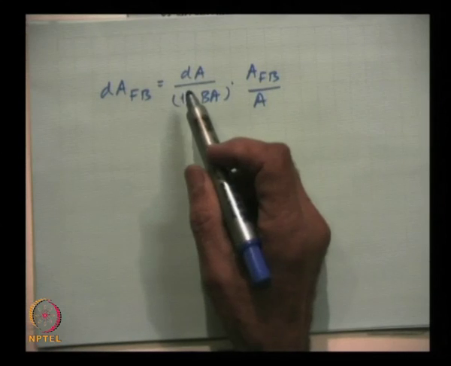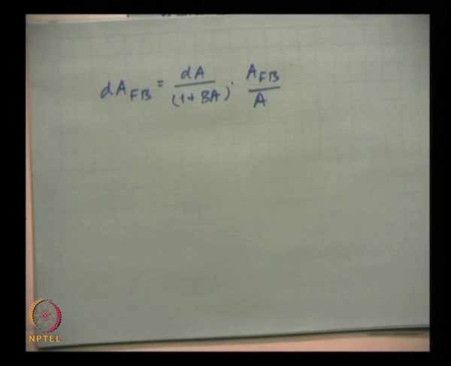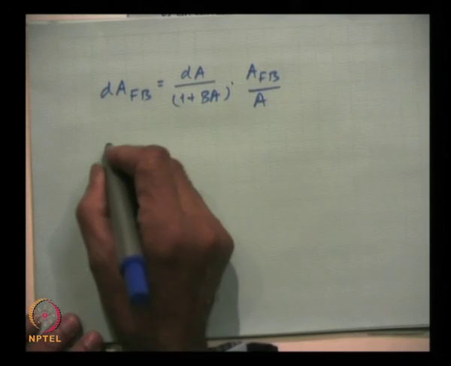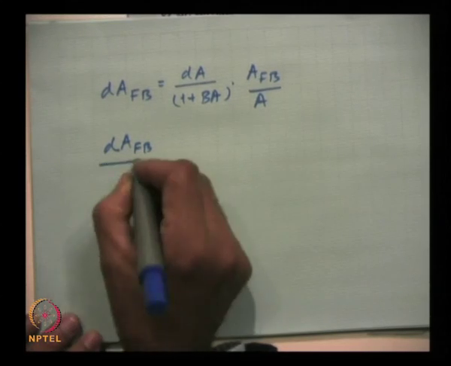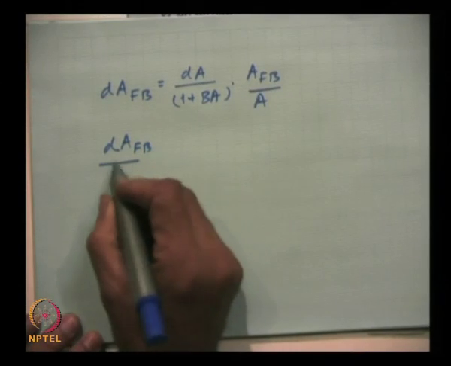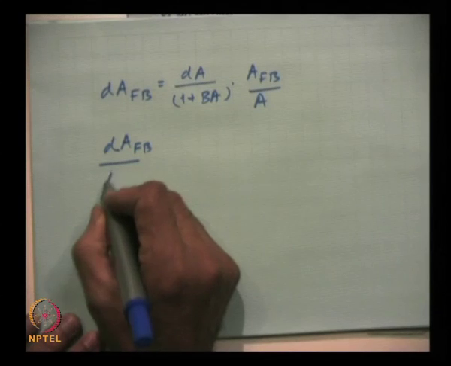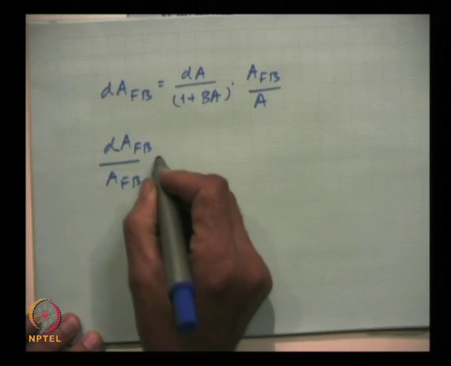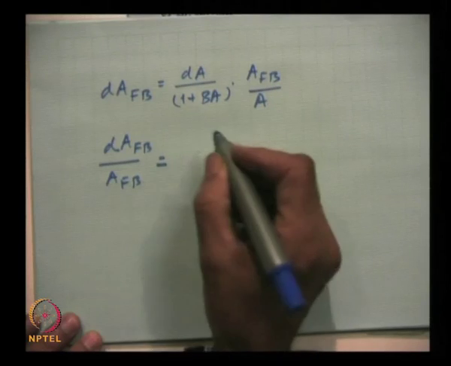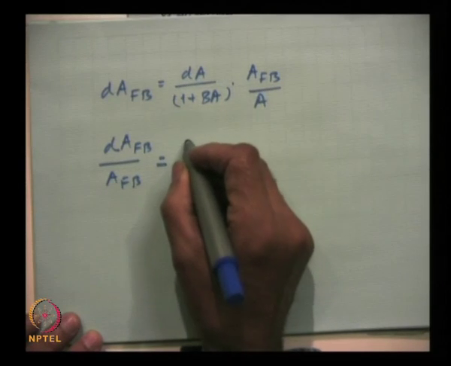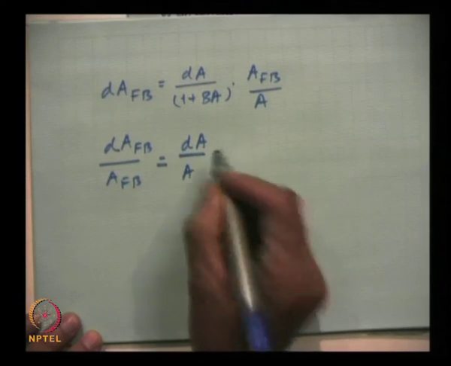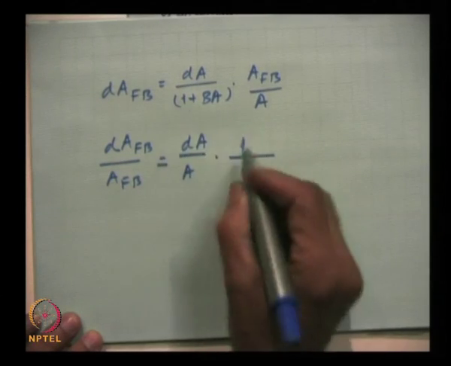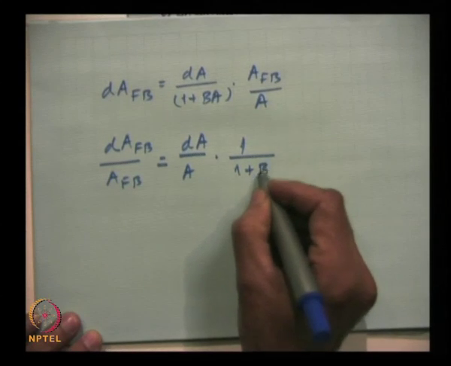So, this can now be rewritten in the form dAFB by AFB equal to dA by A into 1 by 1 plus BA.